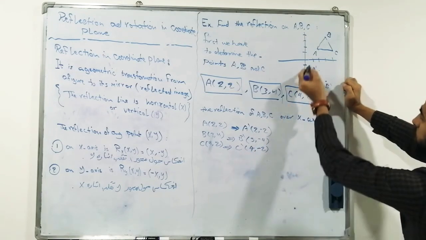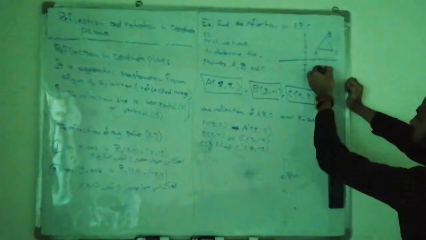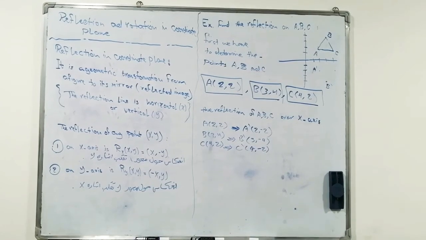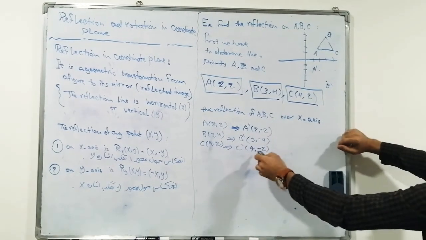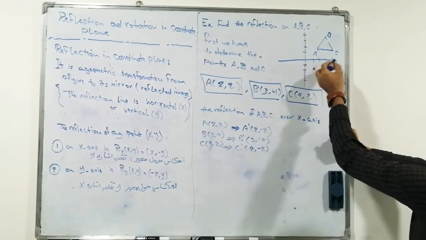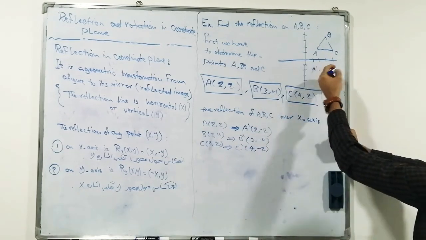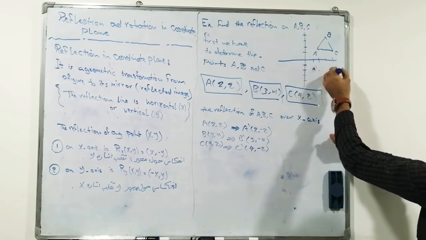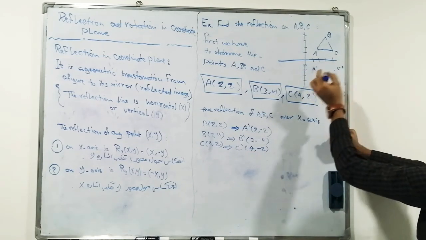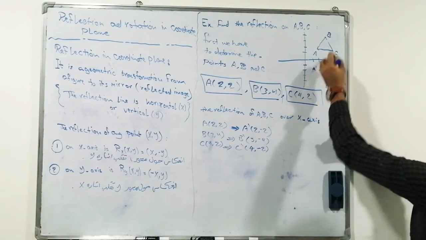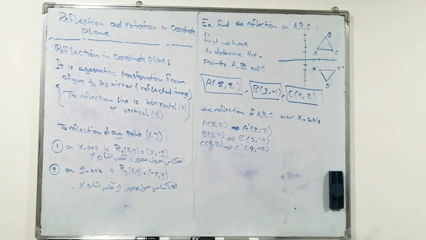And the point C 4 minus 2, this is 4, x is 4, that means we go to the right, and minus 2, we go 2 steps downward. That is C dash. So this is the reflection image of the triangle ABC over x-axis.